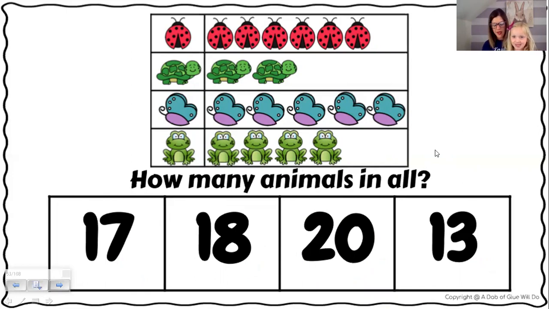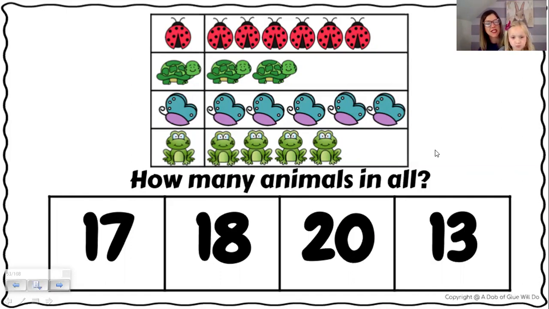It says, how many animals are there in all? Okay, Taylor, count out loud. Ready? 1, 2, 3, 4, 5, 6. 6! Nope, keep going. 7, 8, 9, 10, 11, 12, 13, 14, 15, 16, 17. 17! Okay, now, Taylor, can you find the number 17?